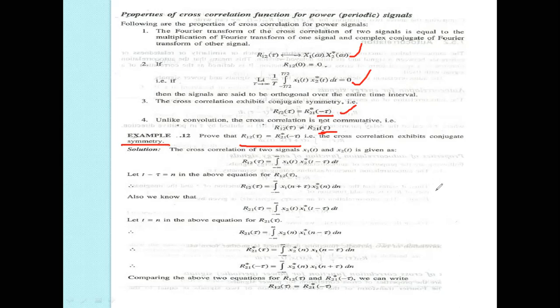The property statements we are discussing for the cross correlation of power signals and energy signals are both the same here. Okay, when tau is equal to 0, R12 of 0 is equal to 0 for orthogonal signals, and in the frequency domain, the Fourier transformation of cross correlation is one Fourier transformation and the other one is the complex conjugate of the Fourier transformation.